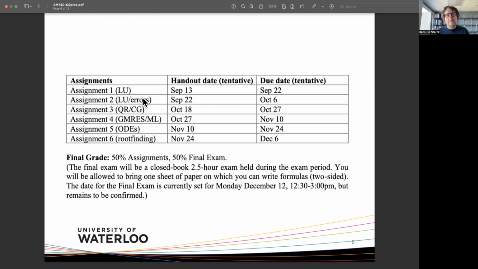But most people use MATLAB or Python to do the computational parts. The assignments count for 50% of the grade, and the other 50% is a final exam towards the beginning of the exam period. It's a closed book exam, but you can bring a sheet of paper on which you can write formulas, so you don't have to memorize formulas.